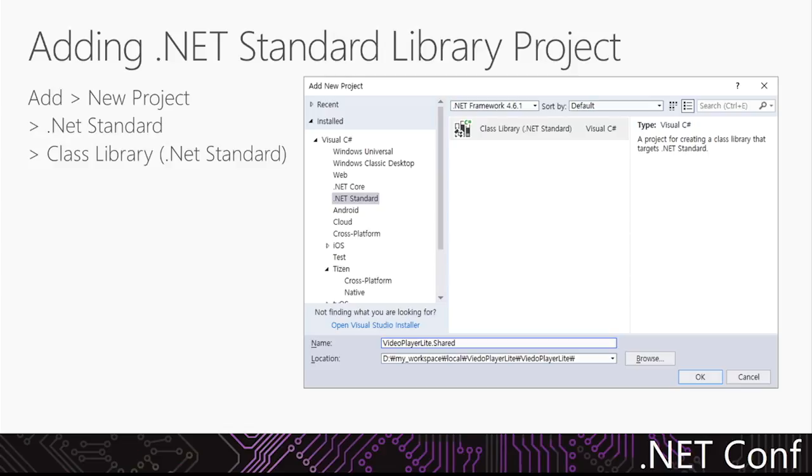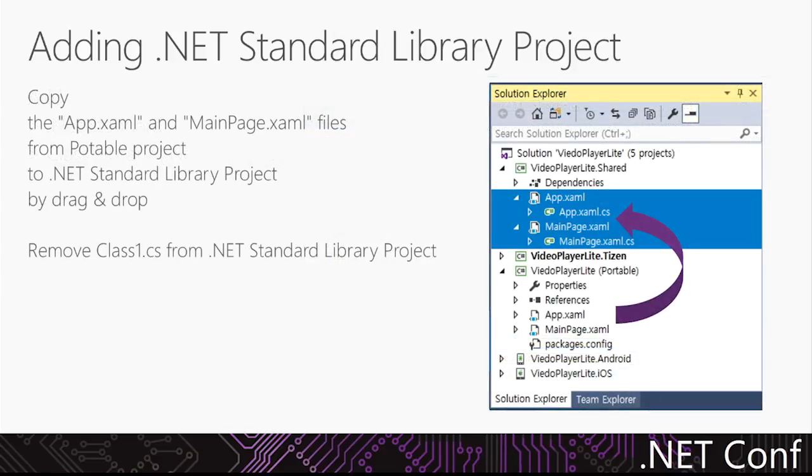Also, because Tizen supports .NET Standard 2.0, you need to add a .NET Standard class library project to your project. It was already introduced in the other session, so you probably know what it is. So add a class library, .NET Standard. And after that, take all the files under the portable project and copy them into the shared project.